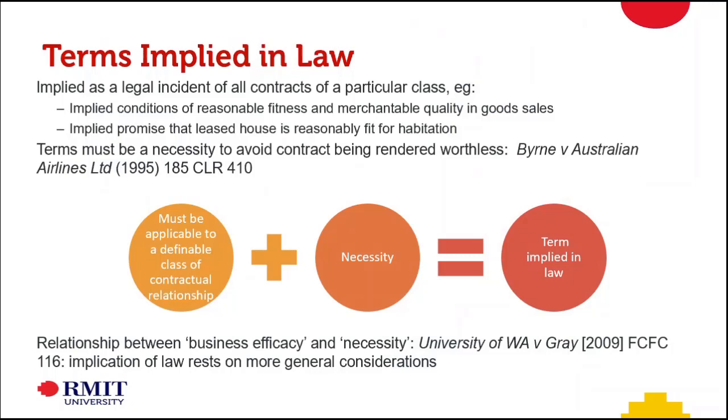These tend to be codified now in, for example, the Sale of Goods Act, but a number of them have arisen over time and they will be implied by law if the parties haven't agreed something different. So again, they need to be consistent with the terms that the parties have agreed. So they need to be applicable to that kind of relationship and necessary.